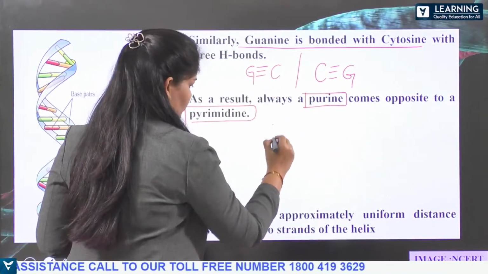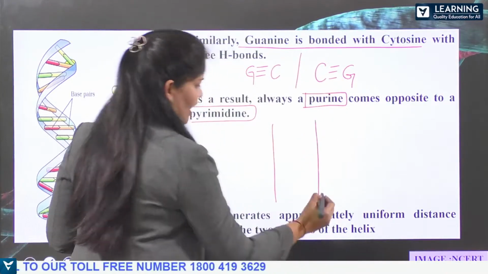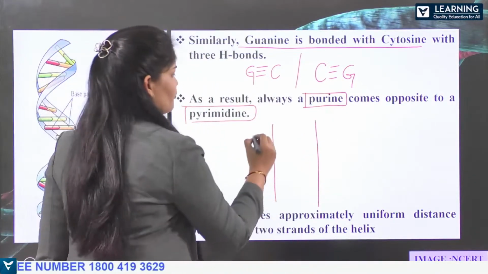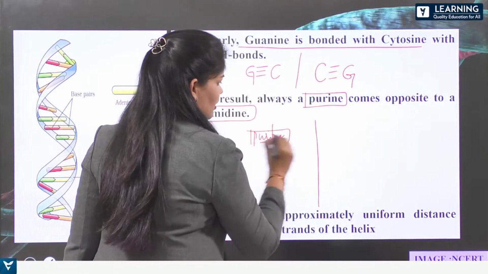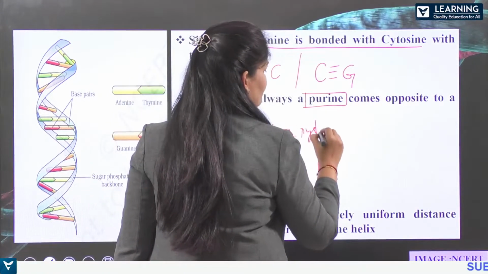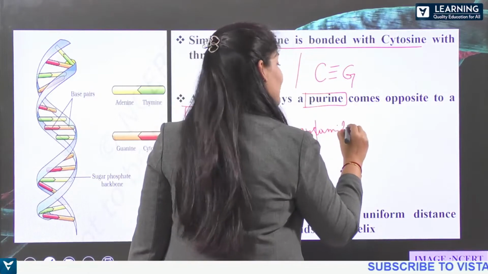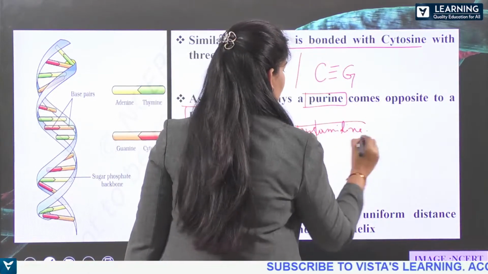For example, if you consider these are the two strands of DNA, if we find a purine here, we find a pyrimidine on the other strand, and vice versa.